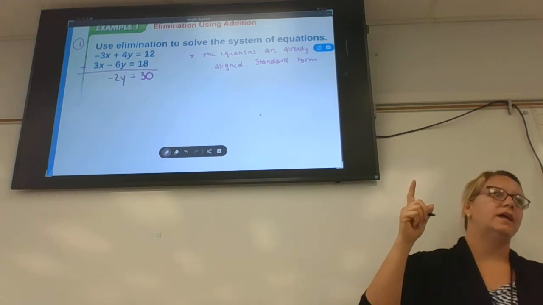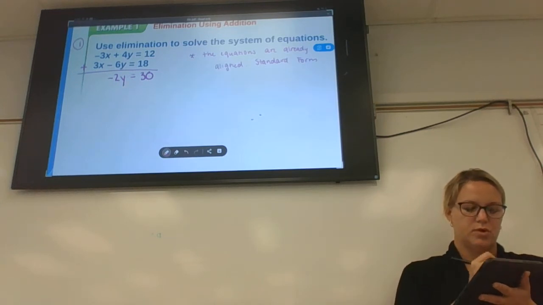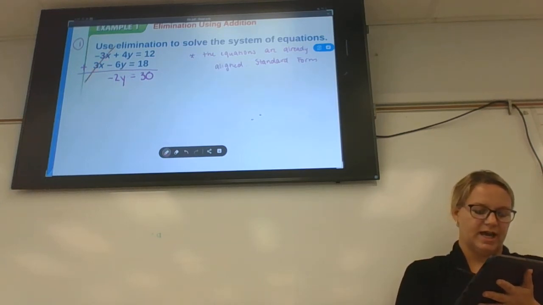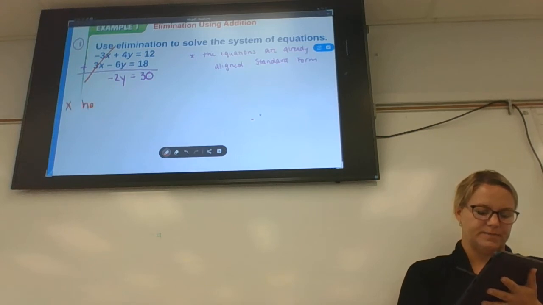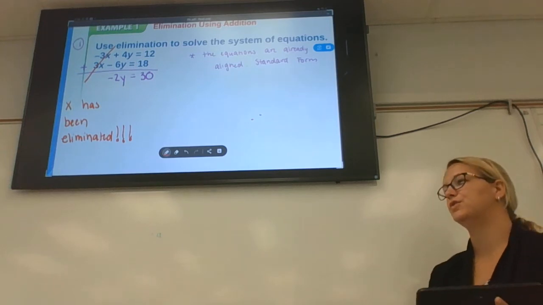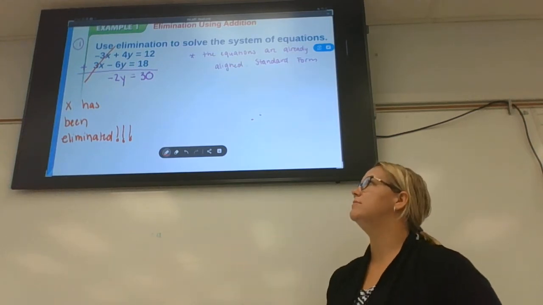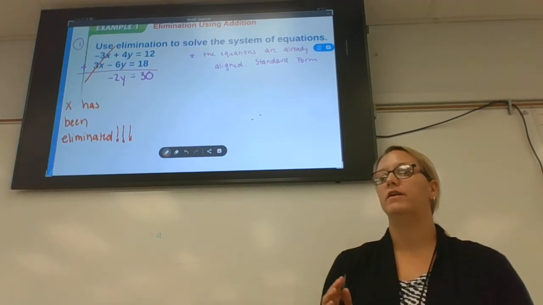Then negative 3x plus 3x, 0. The x has been eliminated. When we added down, the x's canceled. That's why this is called elimination. It cancels out one variable.